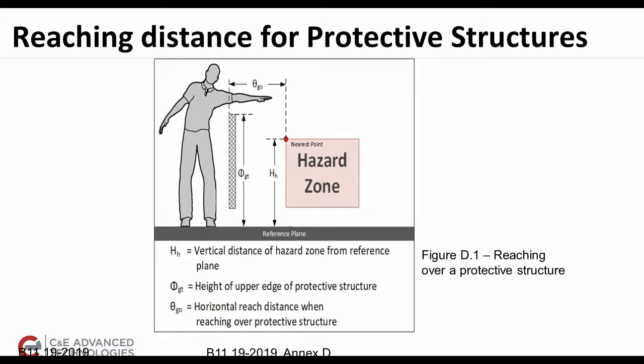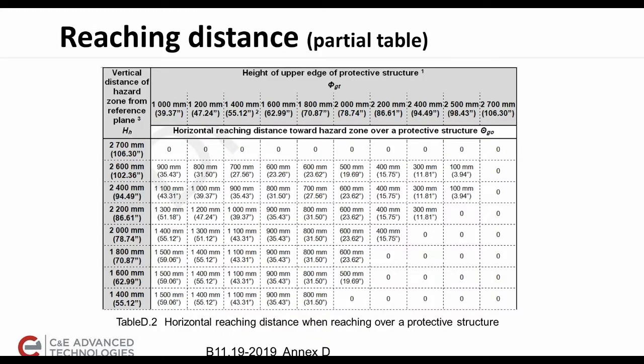All three of those together determine where the unit can be. If you know any two of the three data points, then you can determine what the third would be. If you know the height of the hazard zone and you know how far the fence is going to be away from it, then you can use this table to see how high that fence has to be.